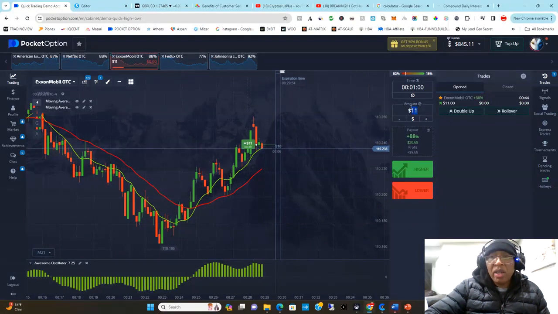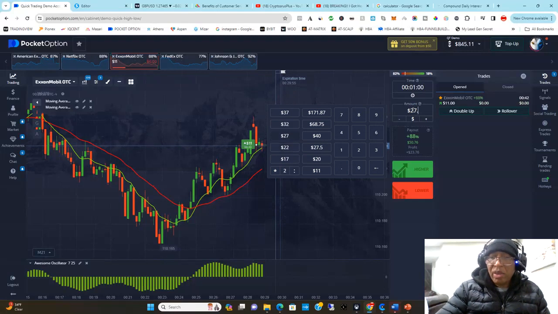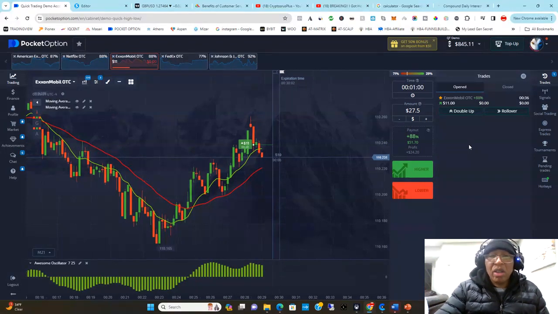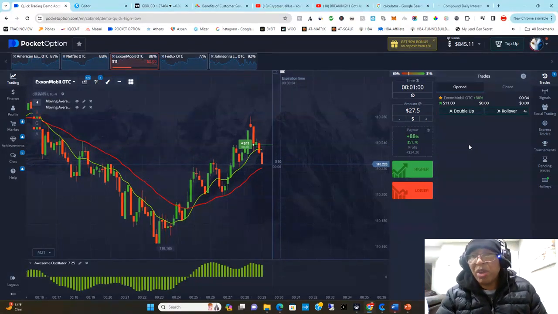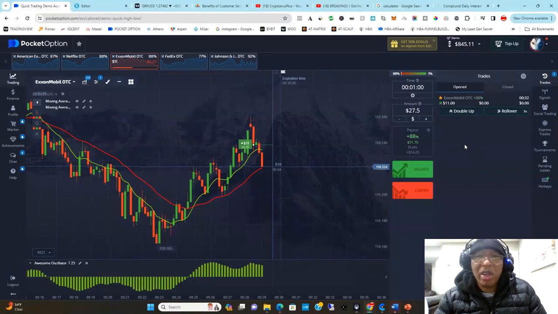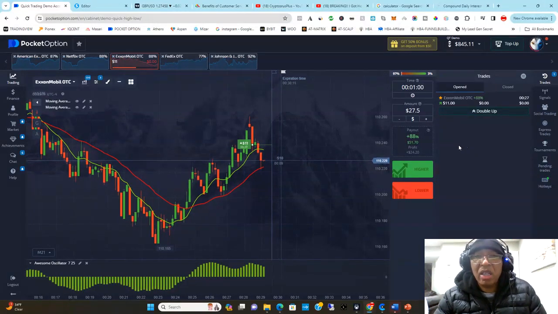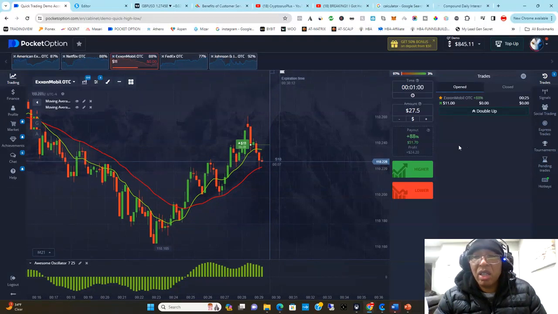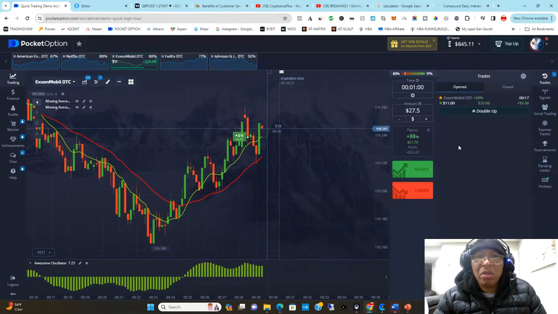So our next one will be 27.5, which is this one right here. We lose that, we're going to go to the 27.5. And it looks like that's what's happening here. We're going to lose that because they are going below, way below. Maybe not.